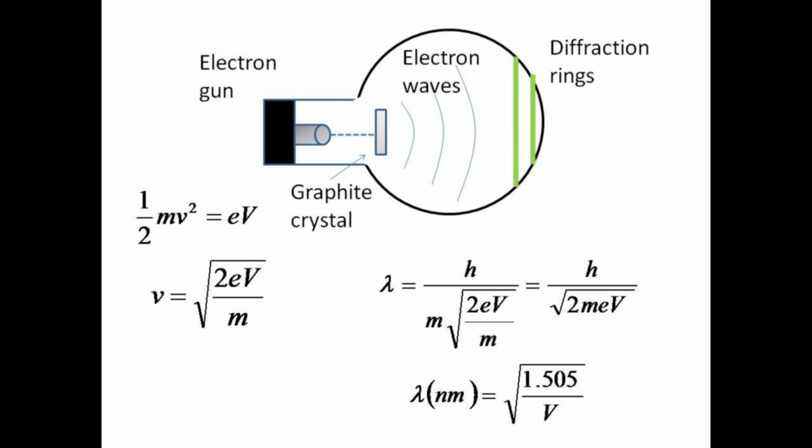The speed of the electrons in the beam is determined by the accelerating voltage, capital V, on the electron gun. We find that the de Broglie wavelength of the electrons in nanometers is just the square root of 1.505 over V. Measure the accelerating voltage to give the wavelength of the electrons.